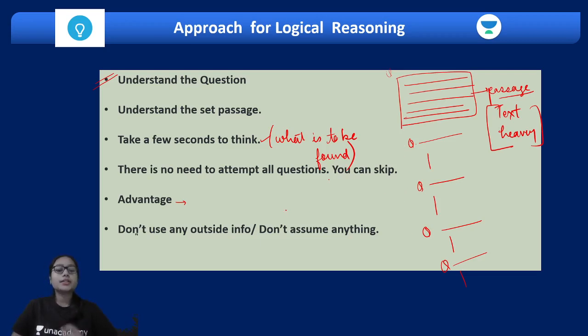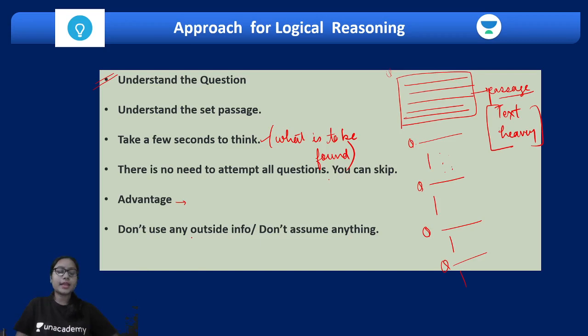So it is always beneficial to spend more time when you are reading the passage, then you move towards the questions. If you read the first question and then just try to solve that part of the passage to which it refers, then this is not the right way. Go for the entire passage, understand it, then you move towards the questions.